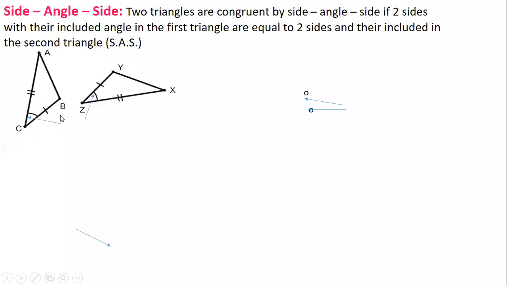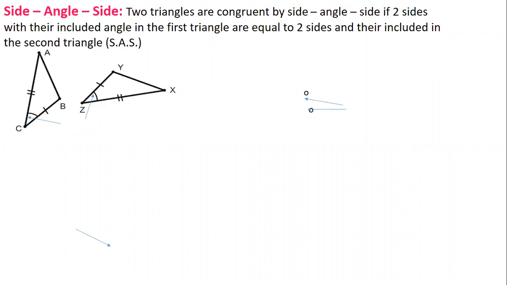Two. Which are they? CB and AC. Yes, side BC and side AC are the marked sides. So what do I mean by included angle, guys? It is the angle between the two marked sides. Can any of you name the angle between BC and AC? Name it at vertex C.